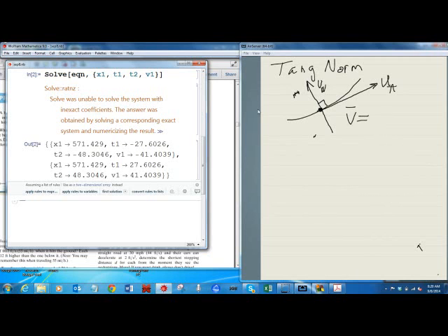It's always equal to the speed, your book uses the little lowercase v, in the UT direction. So in other words, the velocity is always tangent to the path.